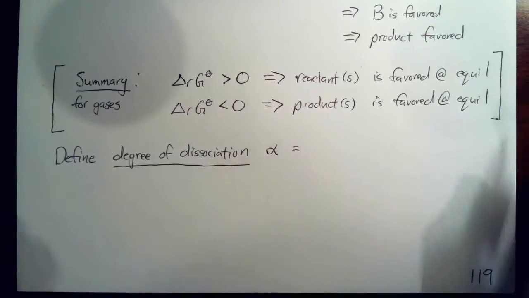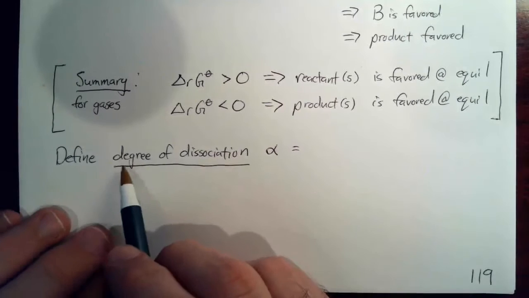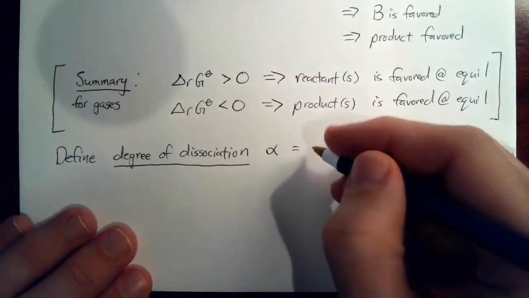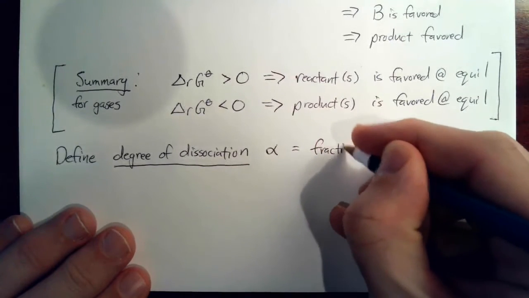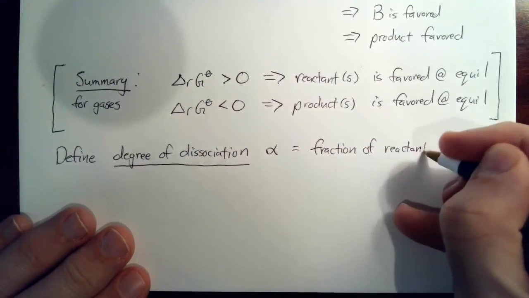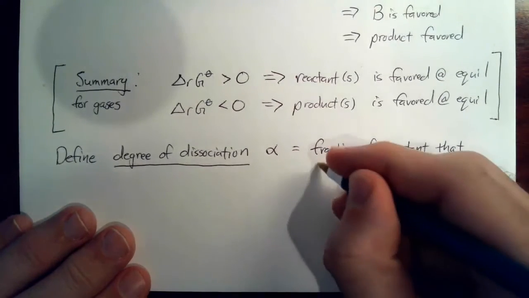Okay, and next I'd like to define a new term, the degree of dissociation. It's given the symbol alpha, and it's equal to the fraction of the reactant that has decomposed.